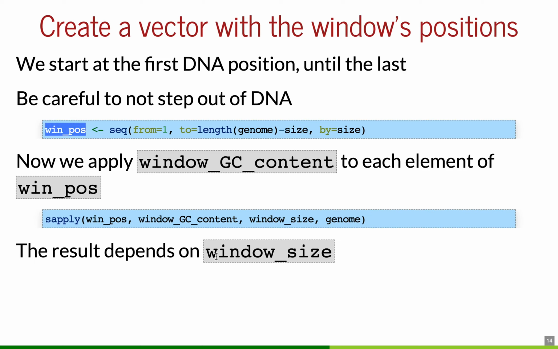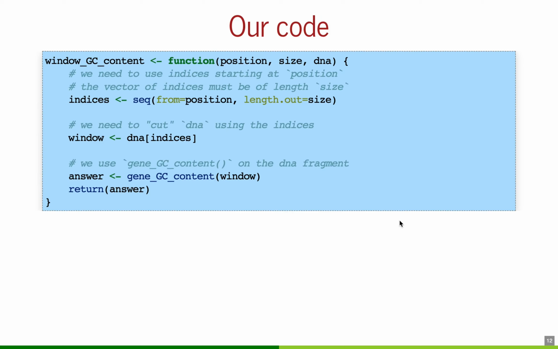And now we do the magic. We have the positions and we have our function, and we just apply windowGCcontent to each one of the positions, and we add extra parameters here. So let me go back one second. I want to show you something. Our function takes 3 inputs. This is different from before. We have 3 inputs: position, size, and DNA.